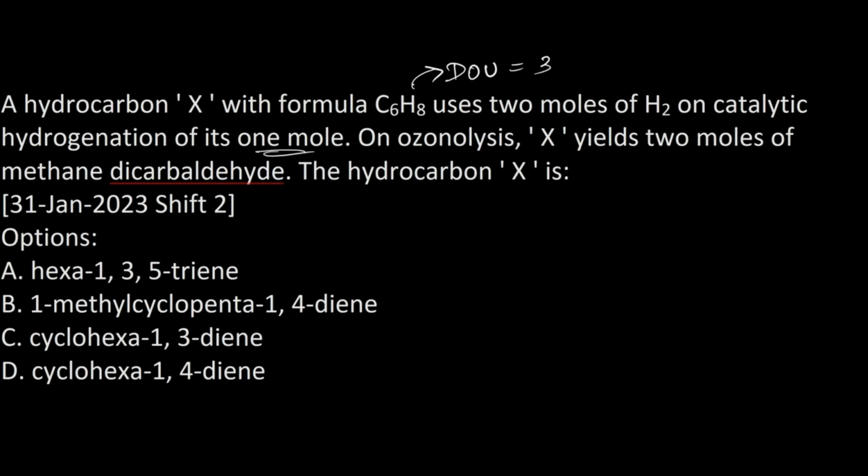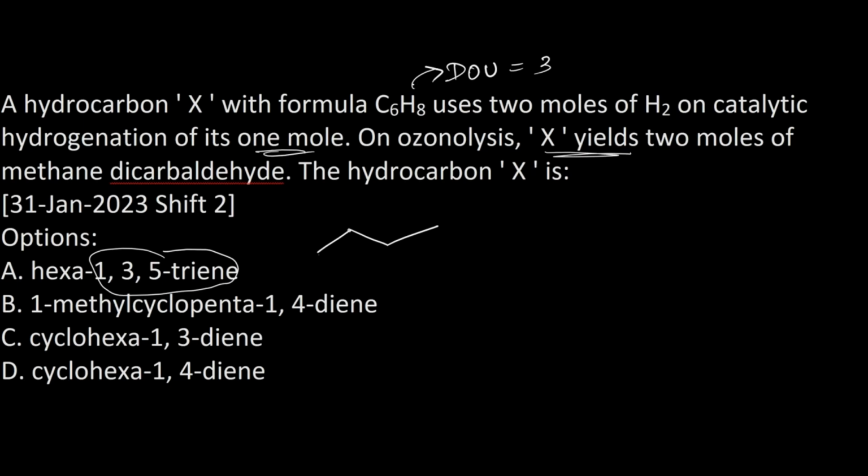So let's check with the options also. Hexa 1,3,5 triene. So in 3 positions, if I have a triple bond, and the next clue is ozonolysis yields 2 moles of methane dicarbaldehyde. So there is a double bonded compound which got broken, right? So which cannot be a triene.